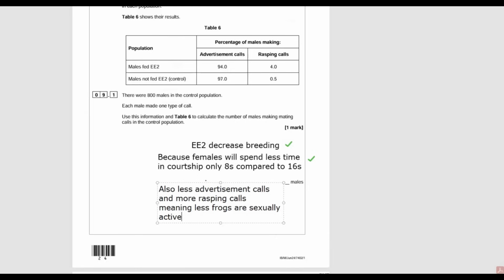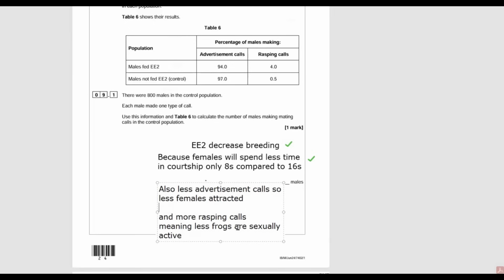So there's less frogs that are sexually active, and there's less advertisement calls. What does that mean? So less females attracted. If you're not asking the females out, they're not going to go with you. And more rasping calls to say, not interested, I'm staying in and playing on the Xbox.